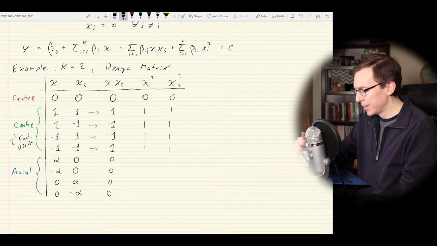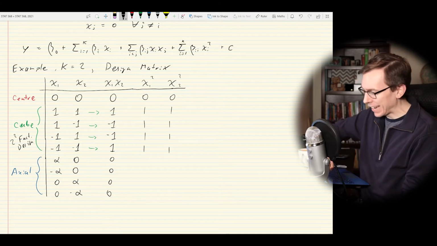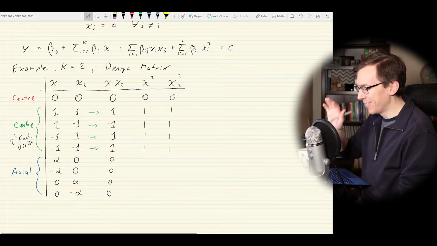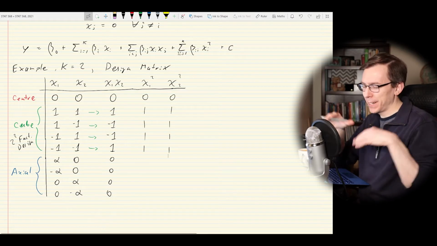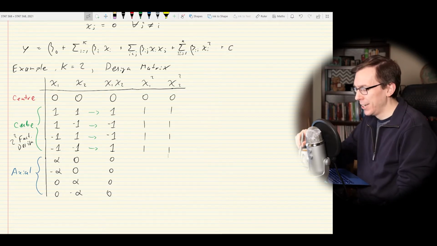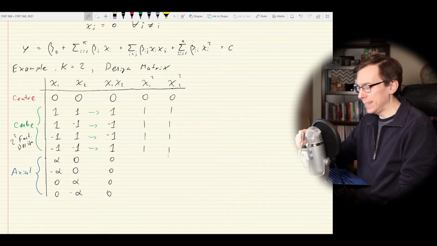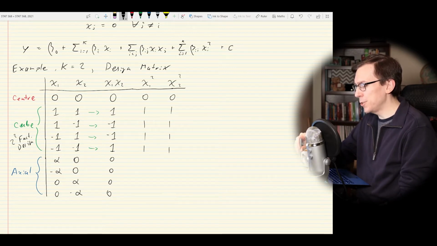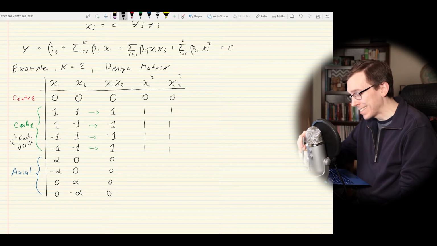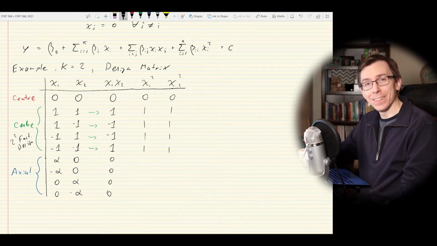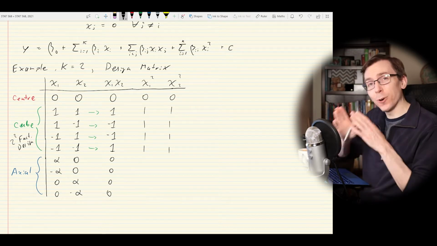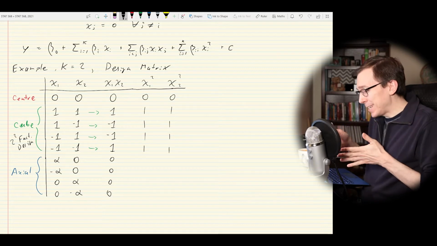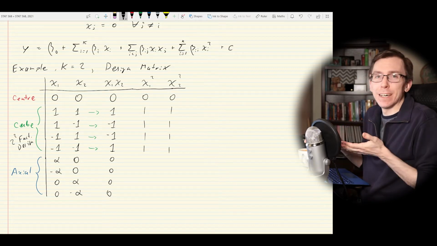If I were to just cover it with my hand, I can't cover it on OneNote here, but if we were to forget about those axial points, we would not be able to estimate these quadratic ones, because when you see two columns that coincide with each other, that means they're confounded. They are perfectly correlated with each other, and we can't estimate both of them separately.